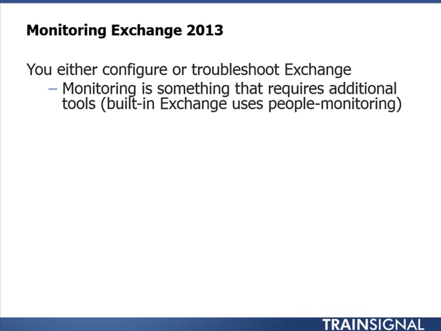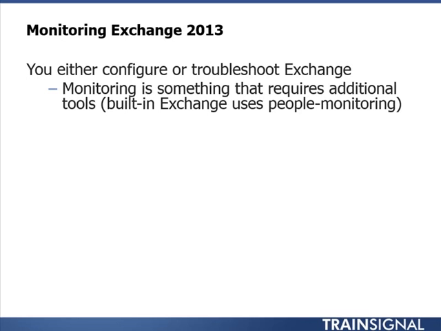Well, ultimately, your Exchange is configured, everything is working properly, and then something goes down, whether a service stops, the server crashes, a power outage, whatever the case. And what happens next? Within seconds, you get phone calls. So there's your monitoring solution right there. You know something's wrong. Now, the only problem with people monitoring is it tells you that something is wrong.